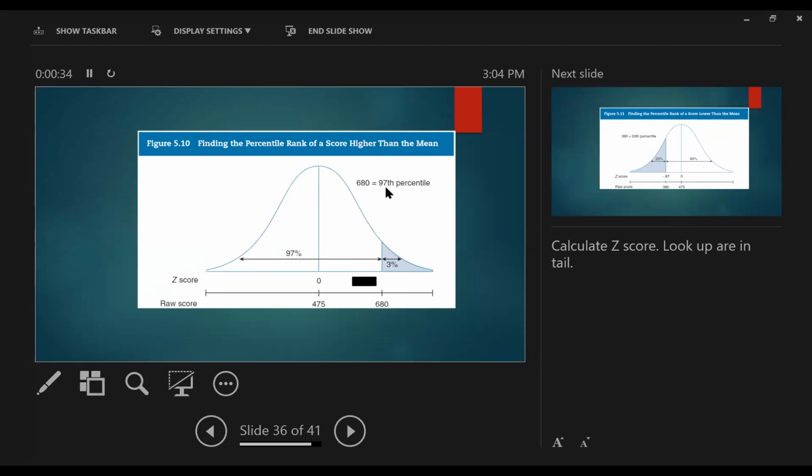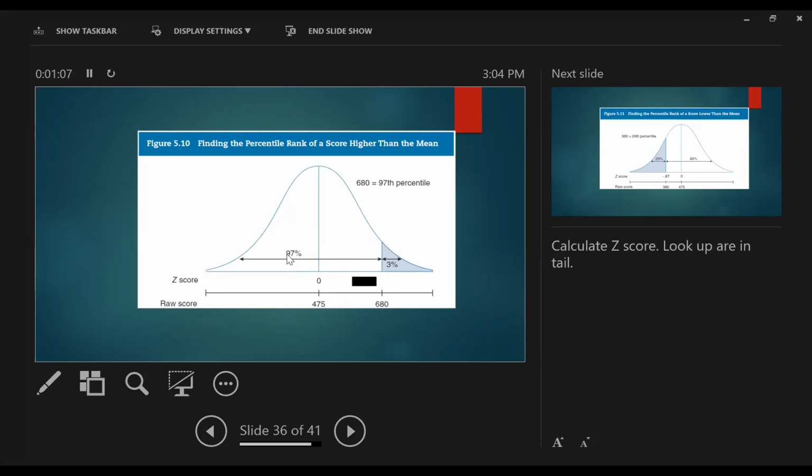So if I am trying to figure out what a score of 680 is, I could calculate my Z-score and figure out the area under the curve, right? Which for our Z table is going to give us from the mean to the score. And then I can add 50% to it, which would give me a total of 97%. Or I can flip it on its head and say that a score of 680 is in the 97th percentile, right?